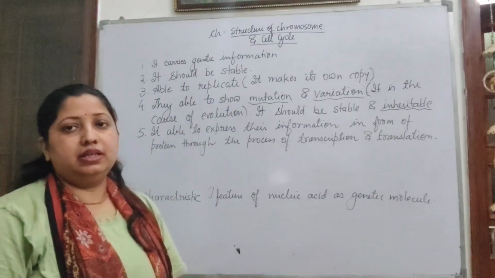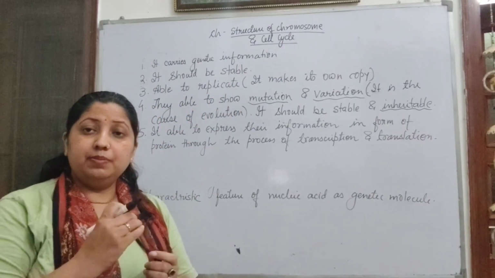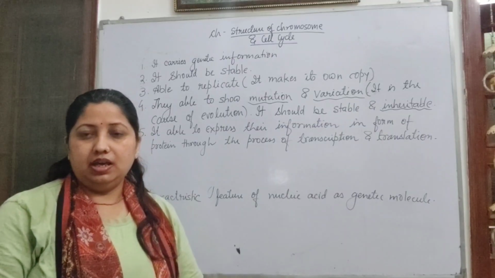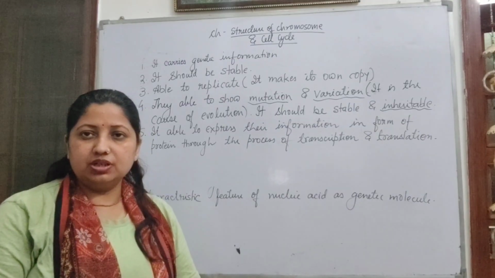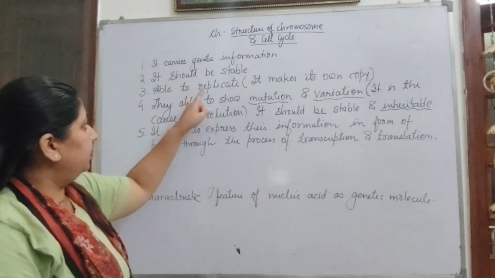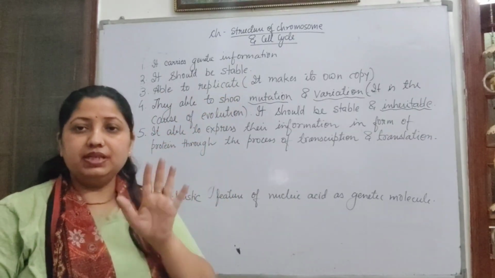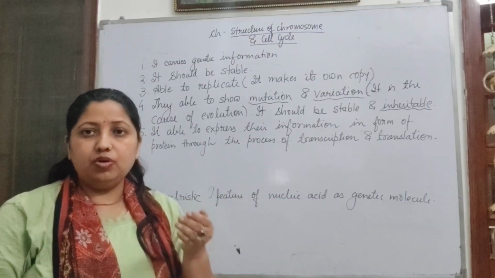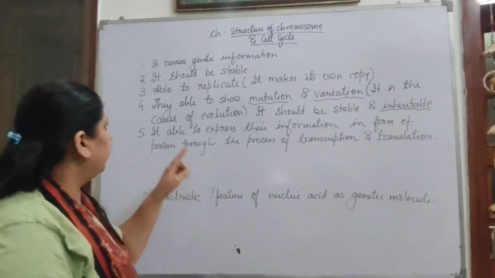Able to replicate, it means they are able to make their own copy, यानी कि वो अपनी कॉपी भी बना सकता है. यानी अगर उसके पास कोई इंफॉर्मेशन है तो वो अपनी एग्जैक्ट कॉपी भी बना सके. So able to replicate means able to make its own copy, अपनी कॉपी को बनाना, that is replicate करना.